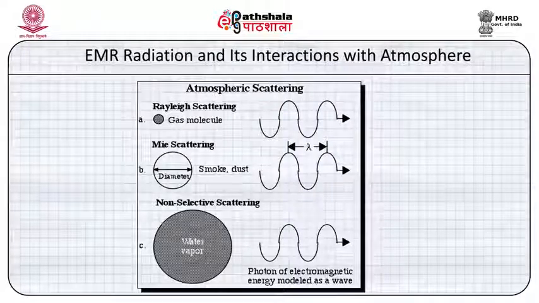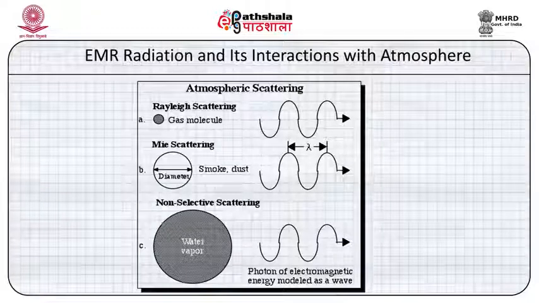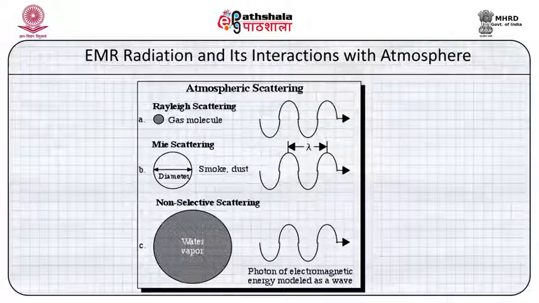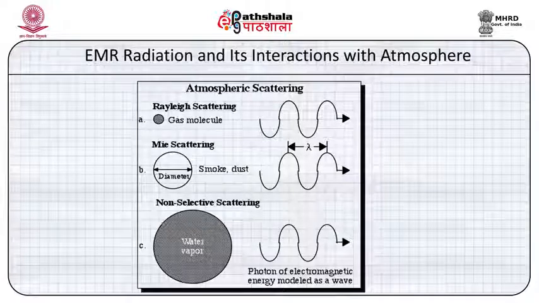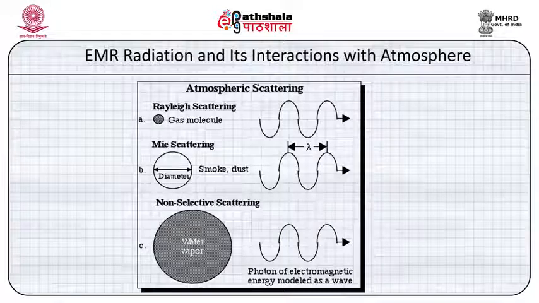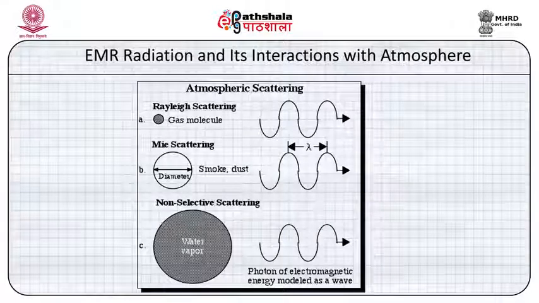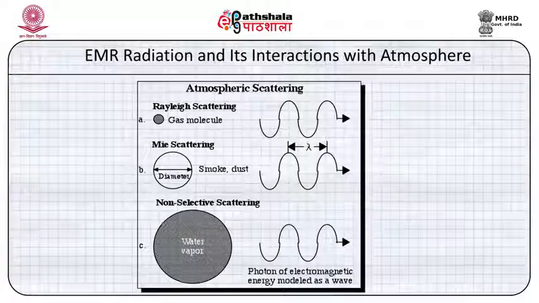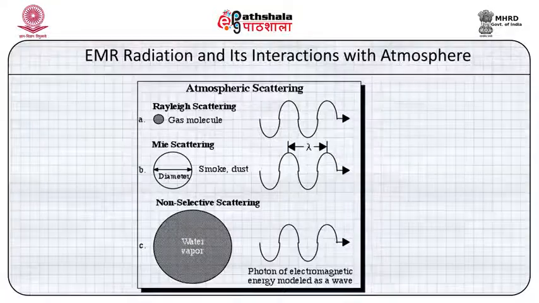On the right side is the wavelength region, a photon of electromagnetic energy modeled as a wave, because all energy travels in the form of waves. I hope from figure 3 it has become very clear what the different types of scattering are that take place in the atmosphere when the sun's energy travels through the atmosphere to reach the surface of the earth.